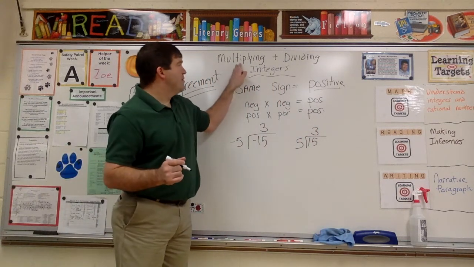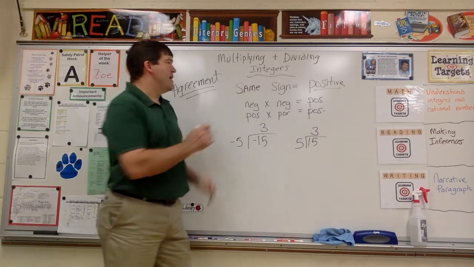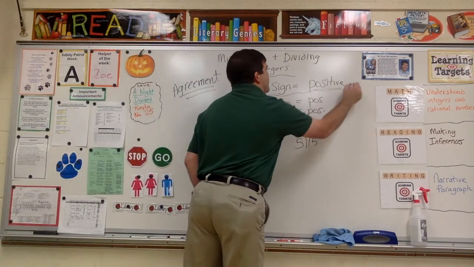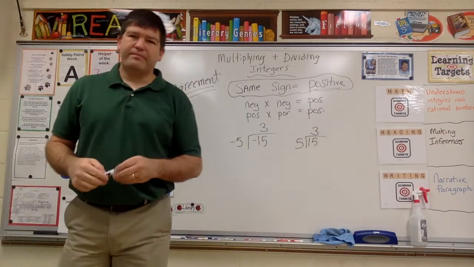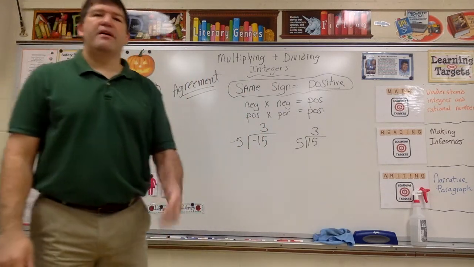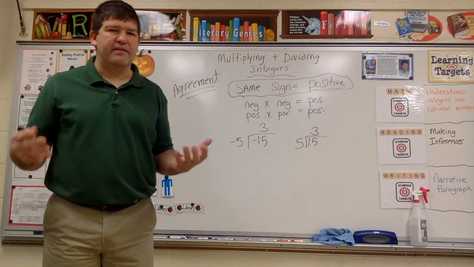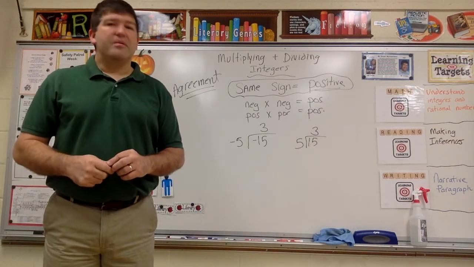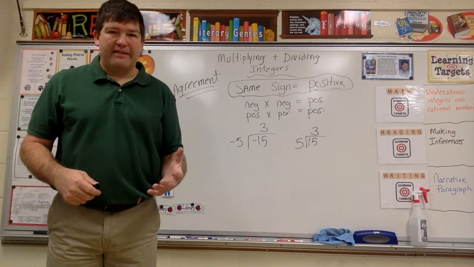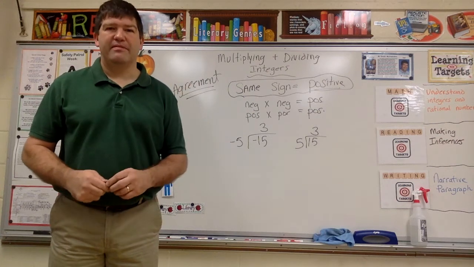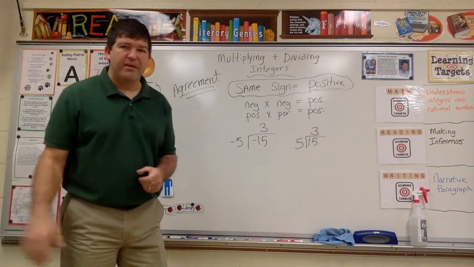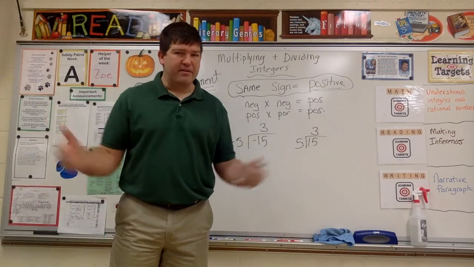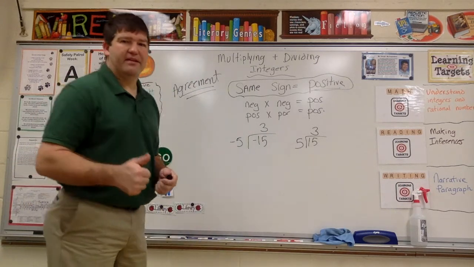With multiplying and dividing, same sign equals positive. You just have to remember that. If you're multiplying or dividing, if you have two of the same signs, it's going to be positive, always positive. It's a good thing to be in agreement, either negatively in agreement or positively in agreement. But as long as you're in agreement, it's a positive thing.